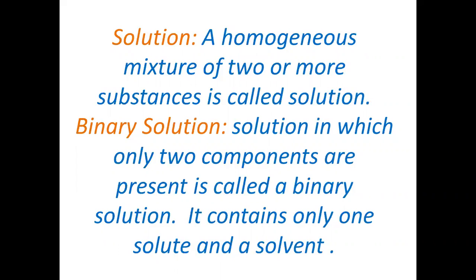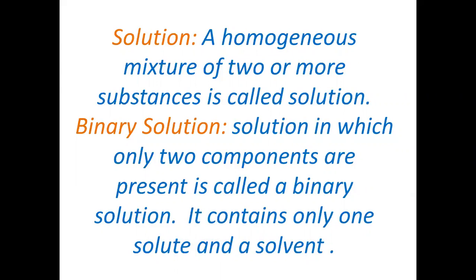As I told you in the earlier class, in a solution there may be one or more than one solute. Why? Because solute plus solvent gives you a solution. If there is only one solute along with the solvent, it is called a binary solution.